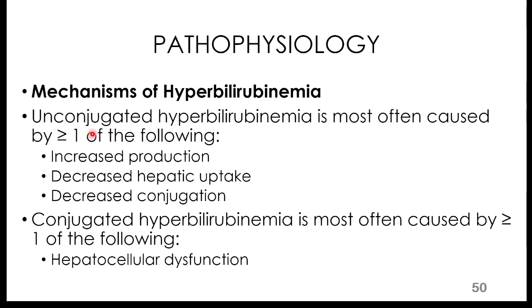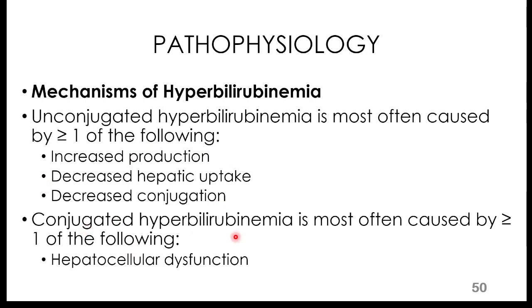All right, and if the amount of the bilirubin produced is far more than what the liver can handle, then it means most of the bilirubin will be unconjugated. Or if there's a problem with the liver and the hepatocytes are unable to take on the bilirubin produced for conjugation, then again the hyperbilirubinemia will be unconjugated.